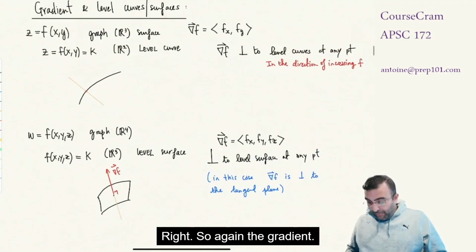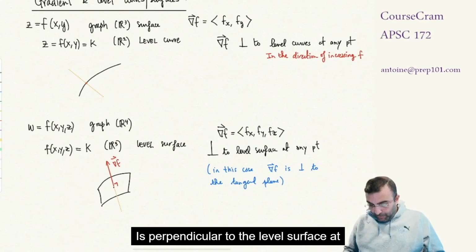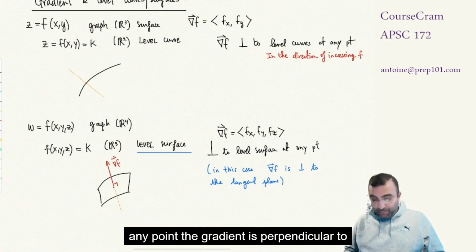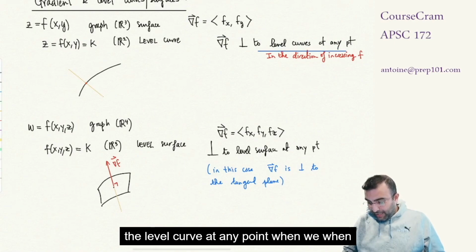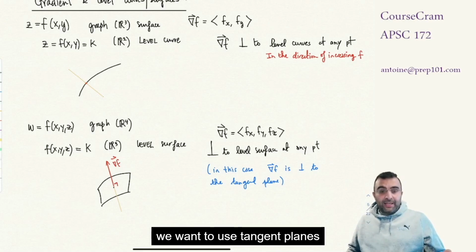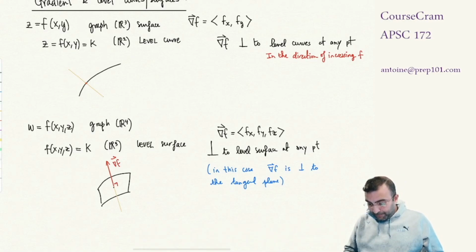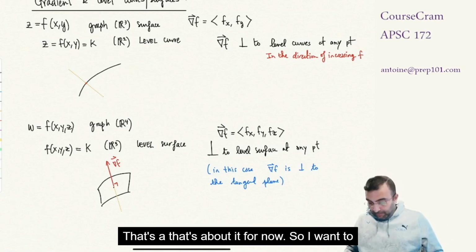Again, the gradient is perpendicular to the level surface at any point, and perpendicular to the level curve at any point. When we want to use tangent planes, we use the gradient as the normal vector. That's about it for now.